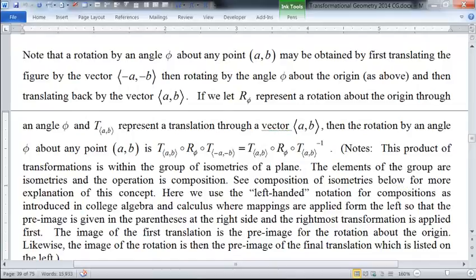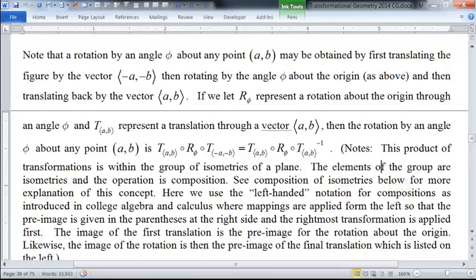What we have here is what's called left-handed notation, where you start with your points on the right and work your way back from right to left. So you start with your point on the right, first apply the translation by minus A minus B, then rotate by phi about the origin, then translate back by AB. So they're backwards from the way we read.